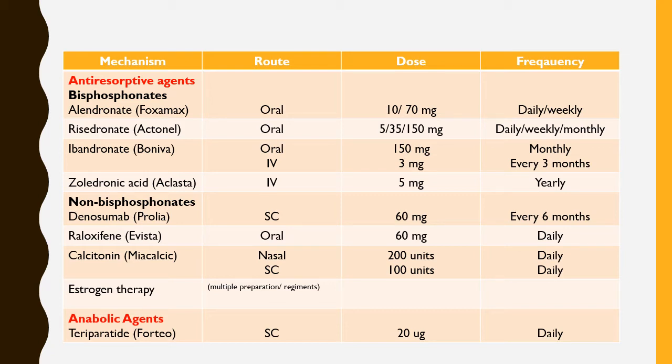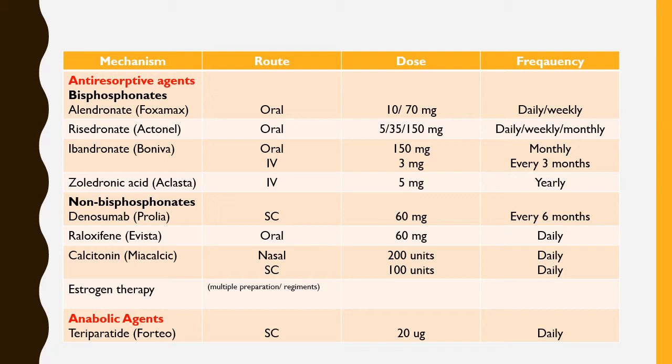And we have another preparation of ibandronate which is intravenous, 3 milligram every 3 months. While zoledronic acid or Aclasta is only intravenous, 5 milligram and used yearly. So Boniva intravenous use is 3 milligram every 3 months, and the others are oral preparations.